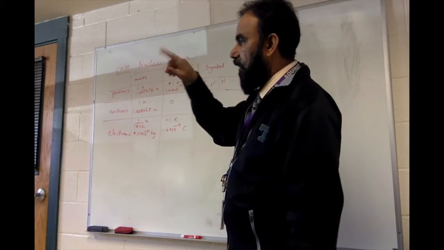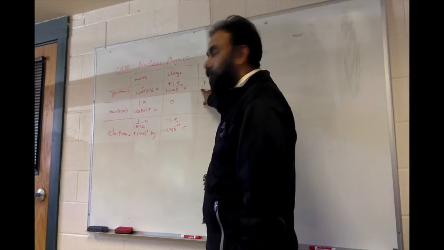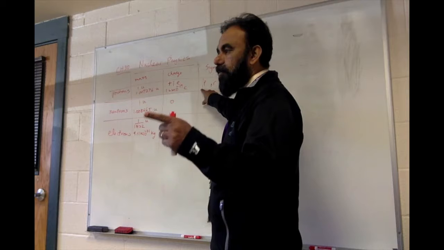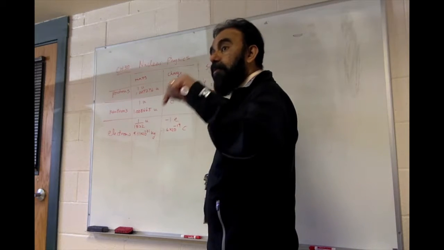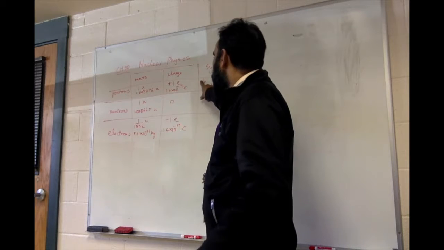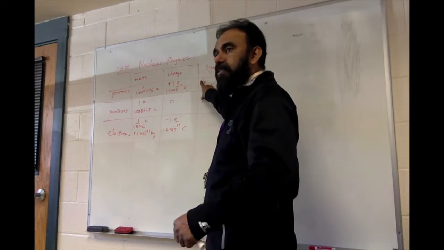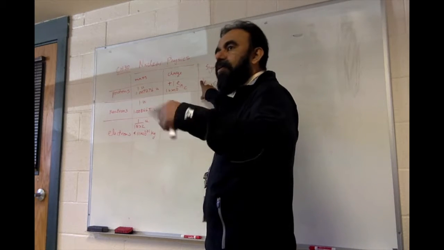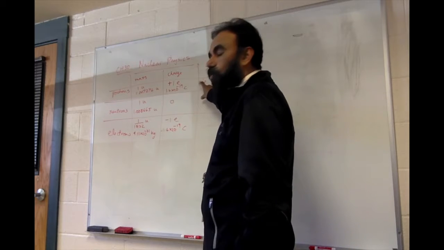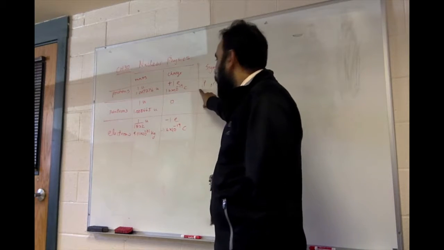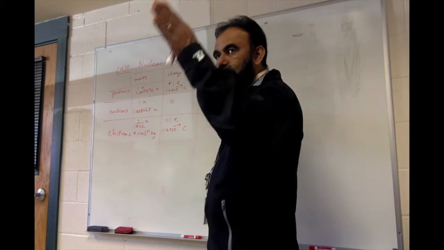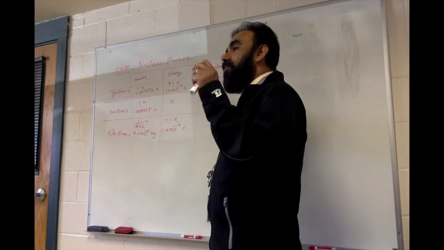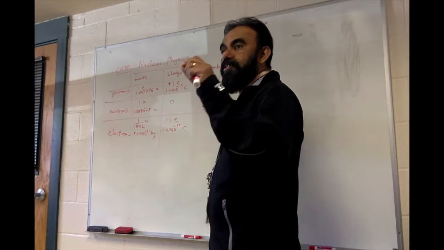Now, for anything, what is this bottom number supposed to represent in a symbol? The atomic number, which is the number of protons. And the top number? Mass number, which is the number of nucleons. That's why it's 1, 1. Also, the bottom number has a different representation. Other than the number of protons, the bottom number indicates the charge.